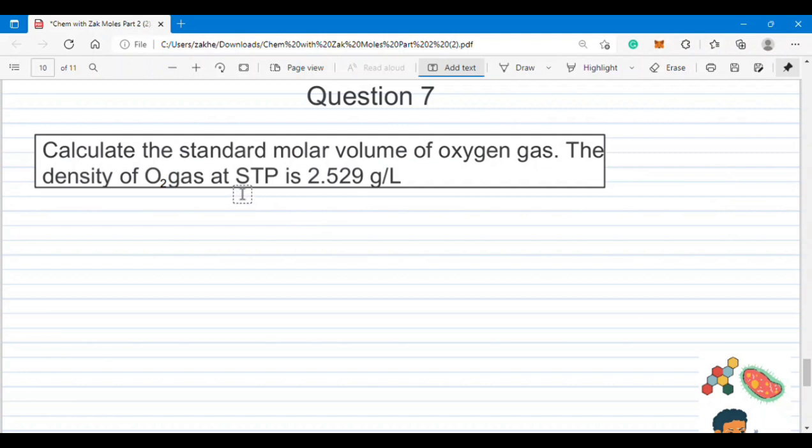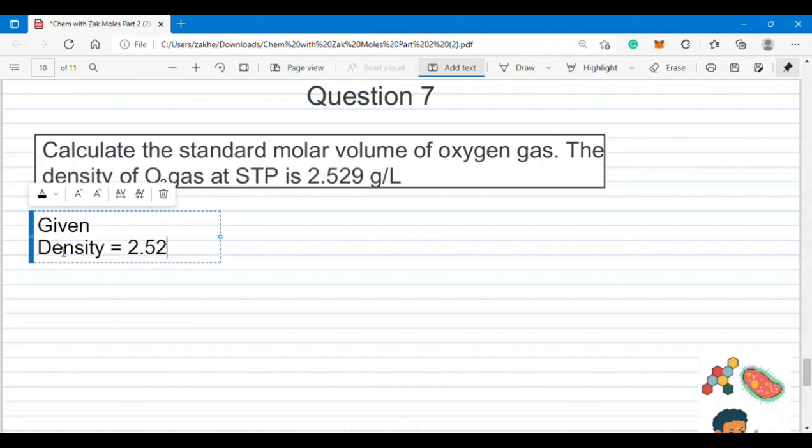And for question 7 and last, it asks us to calculate the standard molar volume of oxygen gas, and the density of O2 gas at STP is 2.529 gram per liter. So important, always write what's given. So the density is equal to 2.529 gram per liter.